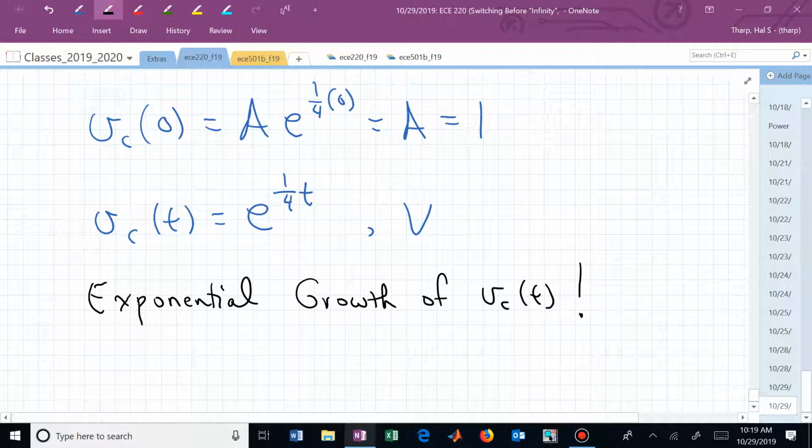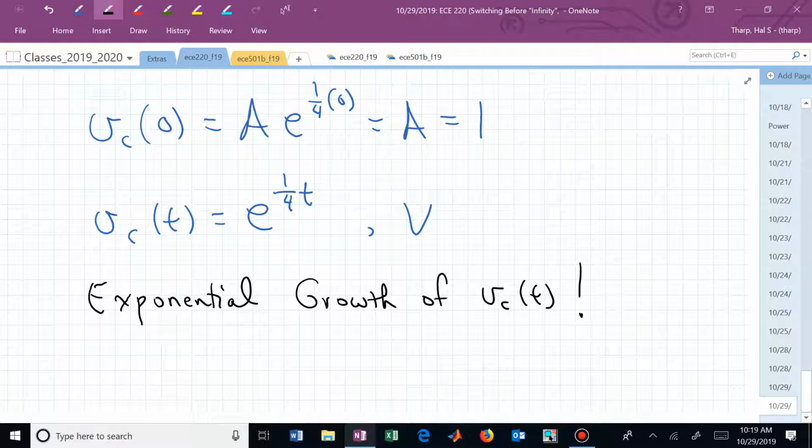What happens now if you connected this up in the lab? You guys always wear closed-toed shoes and safety glasses, right? Because it might come in handy here. What might happen now if you built this circuit and established the initial voltage of 1 volt on that capacitor at time 0?